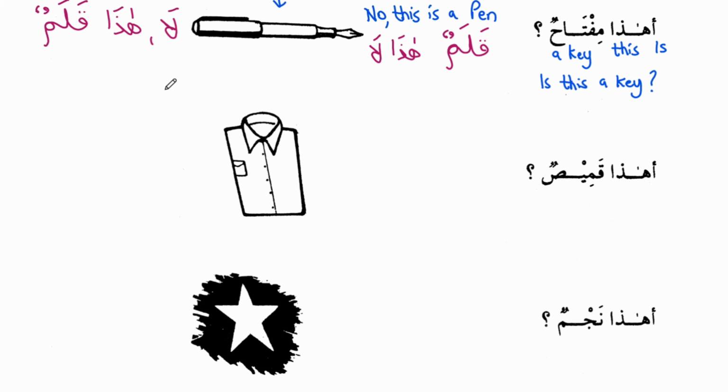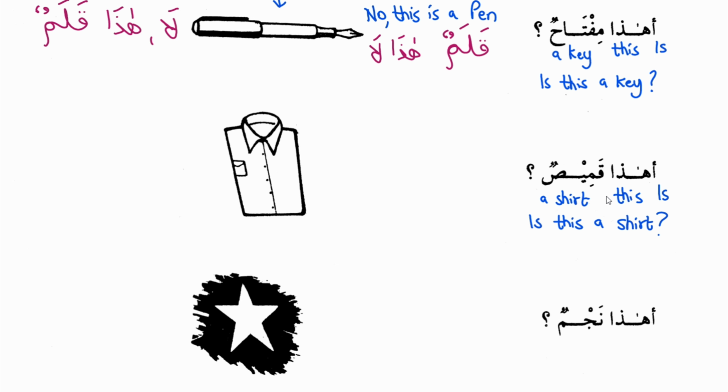Ahaza qamisun. For a we'll write is, for haza we'll write this, and for qamisun, we'll write a shirt. So the final translation is, is this a shirt?